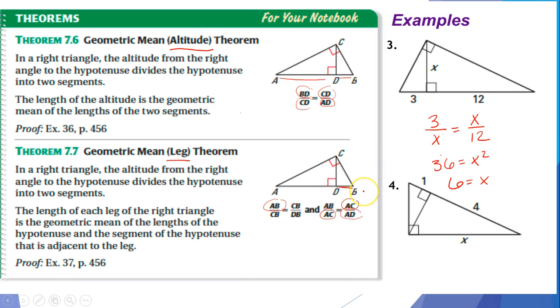All right, so let's use the leg theorem to help us in finding what x is on this triangle. Following this one, because we have the longer leg in our triangle, we're going to say AB, which is the whole segment length, so 4 plus 1, which is 5, or you can write 4 plus 1 here, over this side here.